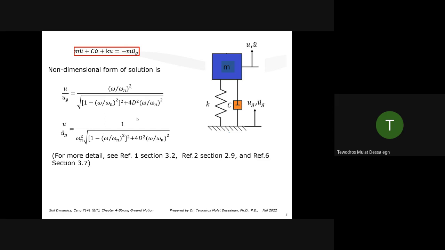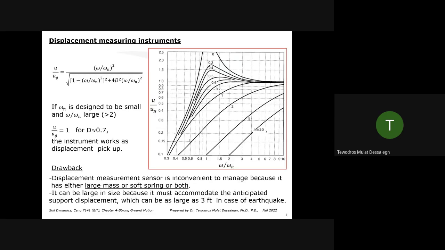And for more detail on this equation, you can look at chapter 2, what we discussed before, or you can look at reference 1, section 3.2, that's the Kramer book, or the Braja M. Das book, which is reference 6, section 2.9, or I believe this is the Anil K. Chopra book, section 3.7. Now let's see how they design those instruments.